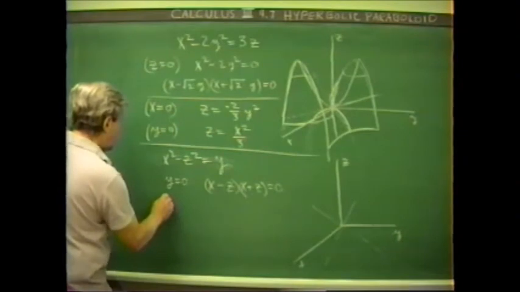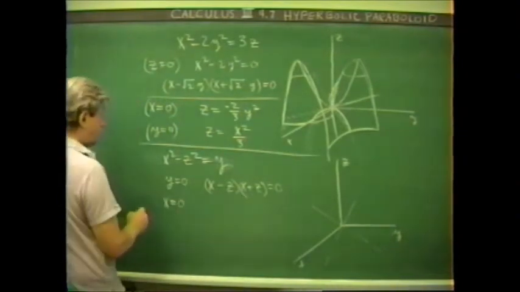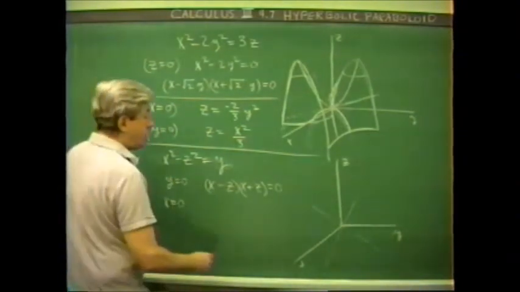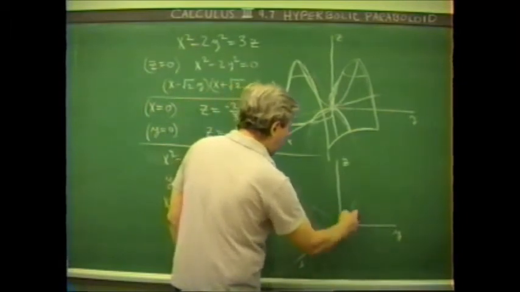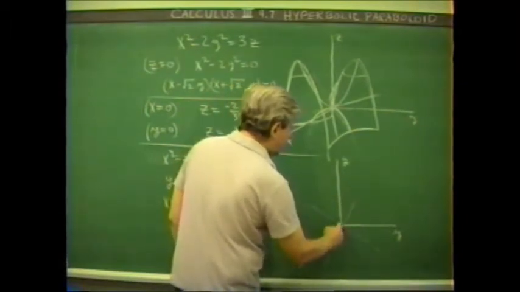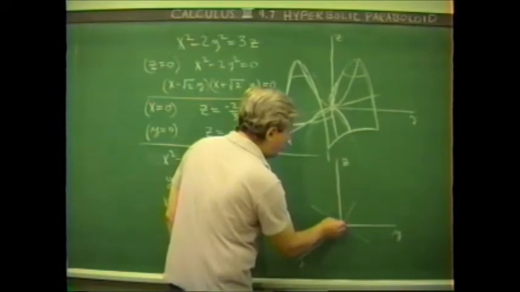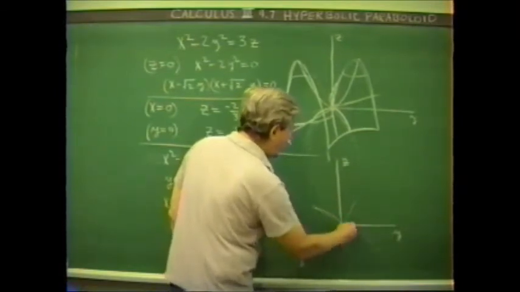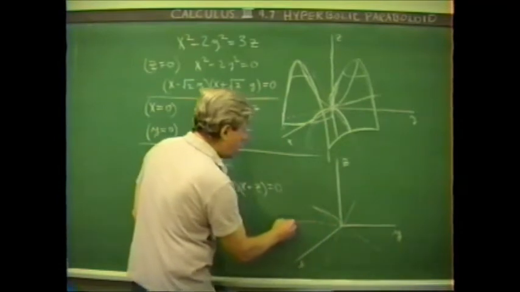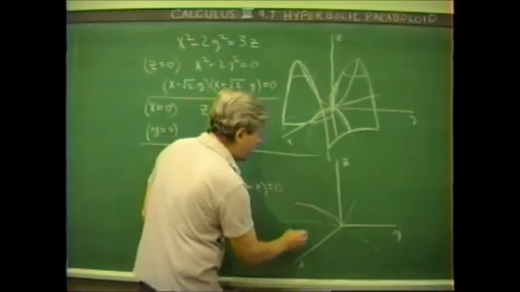When x is equal to 0, we've got y is minus z squared. So y is minus z squared, and that's going to be a parabola opening backwards in this direction like so.